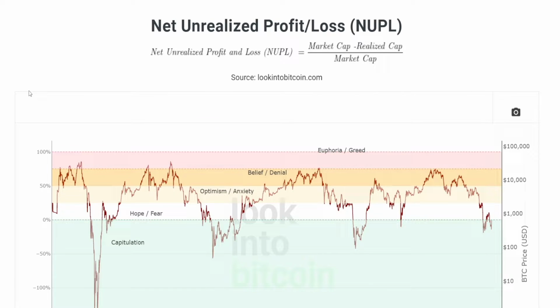So this is actually really important to know, because if the total market is in, let's say, 50% profit, then many hodlers could be looking to get out or to sell. If they're at 60% profit, they could be looking to get out, sell. And again, this is unrealized, so there hasn't been any sort of profit gain or loss.